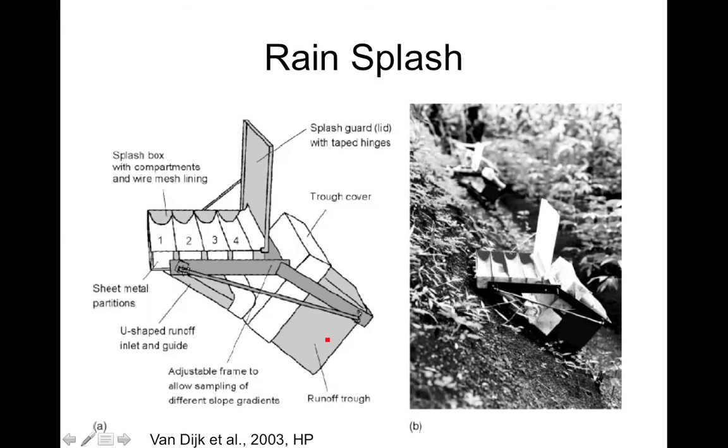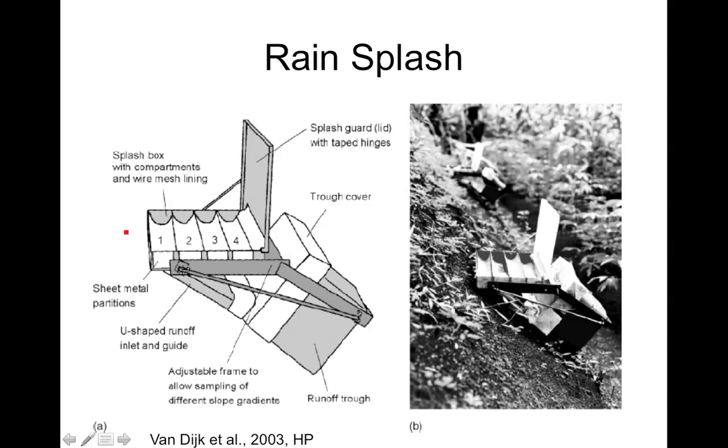We can measure things like rain splash. So here's a rain splash collector, and we have 1, 2, 3, 4 collectors on the side of this hill here, and that gives us an estimate of not only the total amount of sediment by adding up all the 4 chambers, but it gives us an estimate of the distance effect. So remember when I said downslope of a splash point, you get more and more sediment collected?